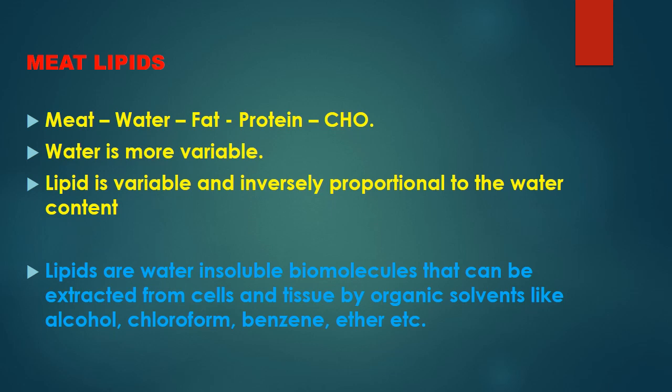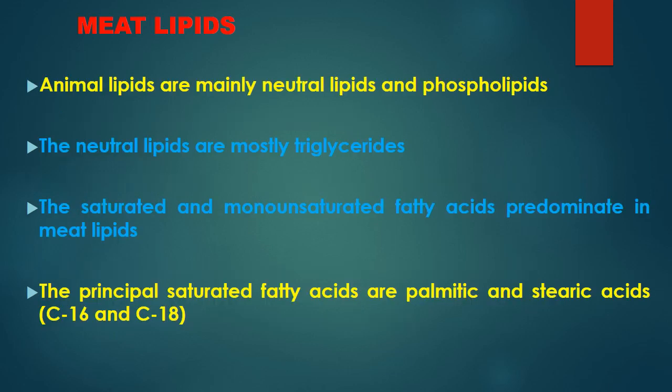So these lipids are water insoluble biomolecules that can be extracted from cells and tissues by organic solvents like alcohol, chloroform, benzene, ether. This we have discussed at the beginning. Several solvents can be used for extracting the lipids for isolation and separation. To discuss further details about meat lipids, the animal lipids are mainly neutral lipids and phospholipids.